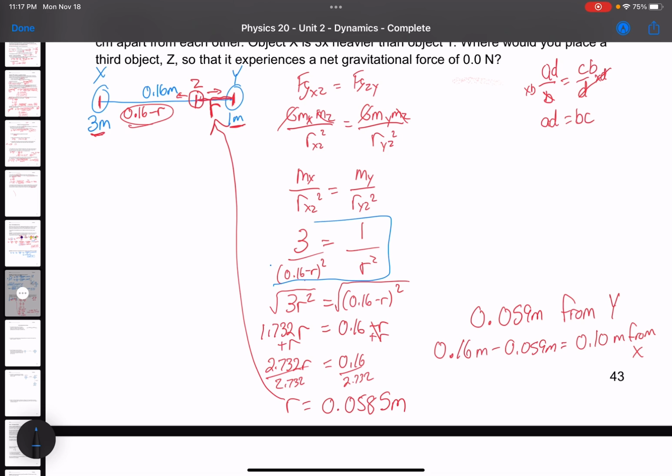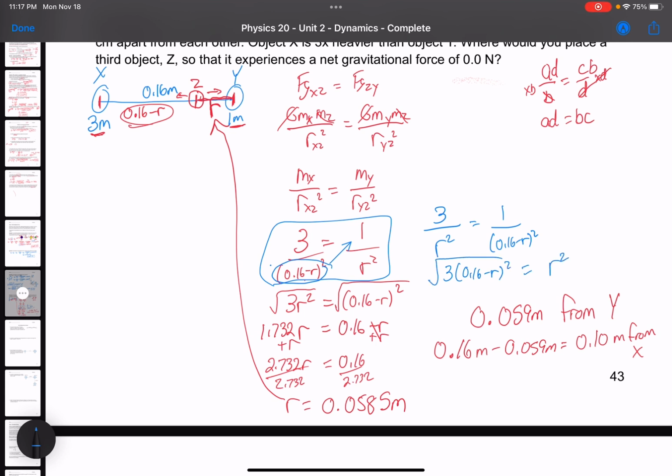Okay, now at this point back here, I'm just going to switch colors. At this point here, again, I took this portion and I assigned it so that I knew it would be opposite with the 1. Doing that just makes life a little bit easier, I've always found, because if you think about it, if you do it the other way and we switch these two, and we have 0.16, when you multiply up, you have 3 times 0.16 minus r squared is equal to r squared.